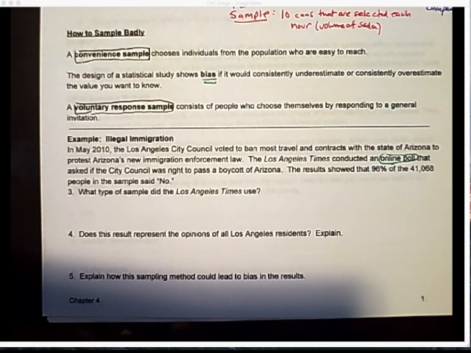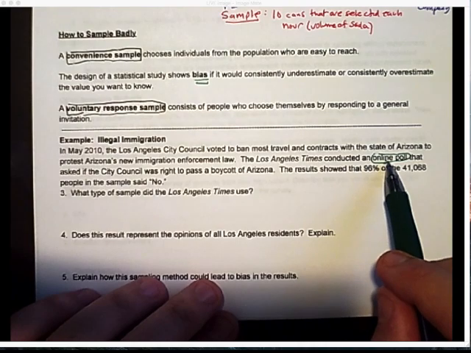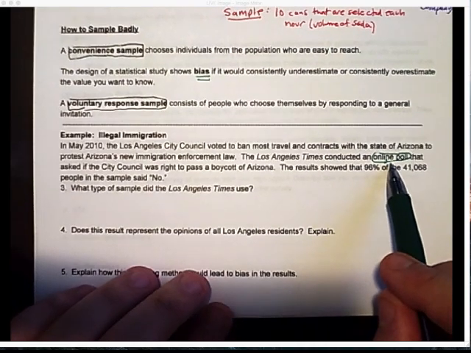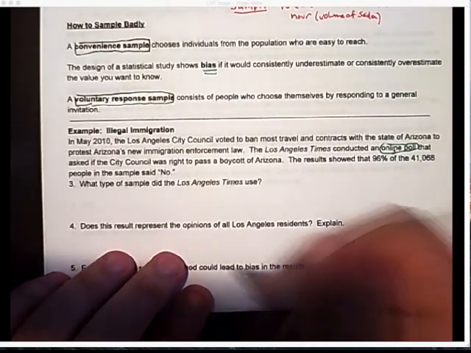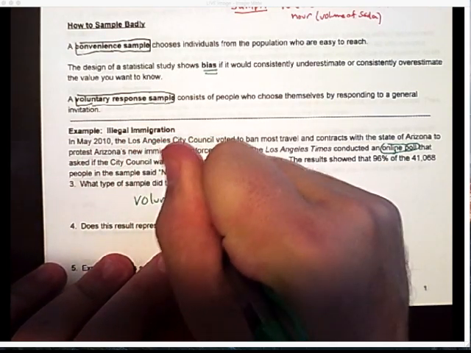What type of sample did the LA Times use? Well, people had a choice to be in here. If they participated, they went online and voted. So the type of sample here would be a voluntary response sample.